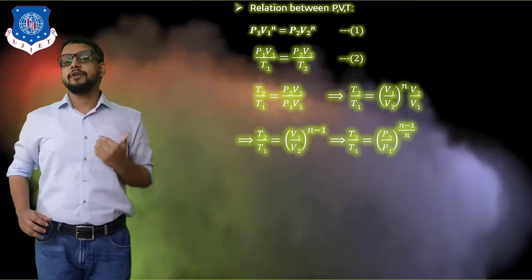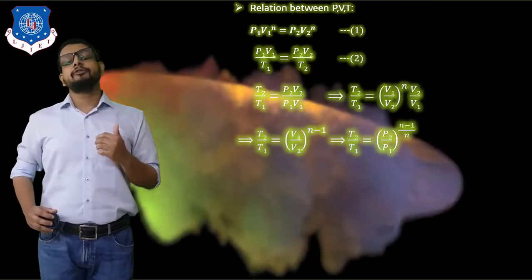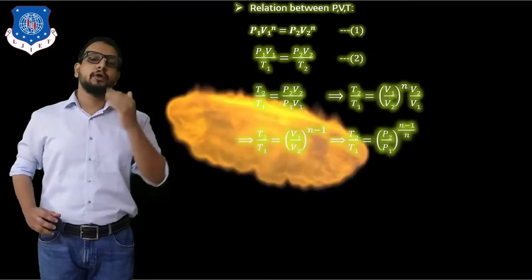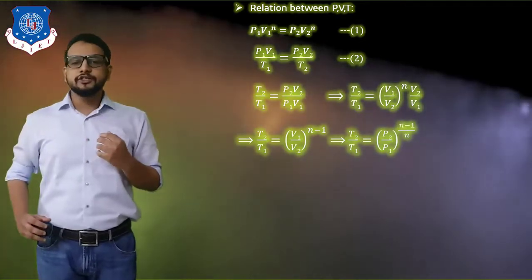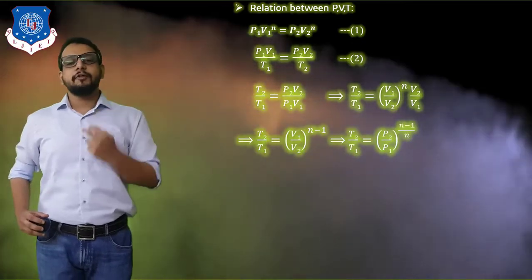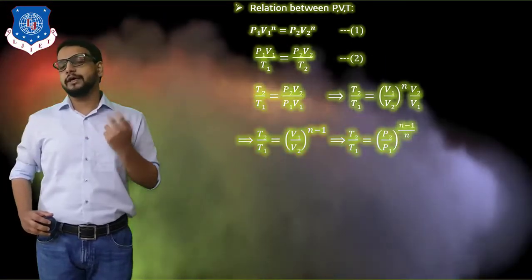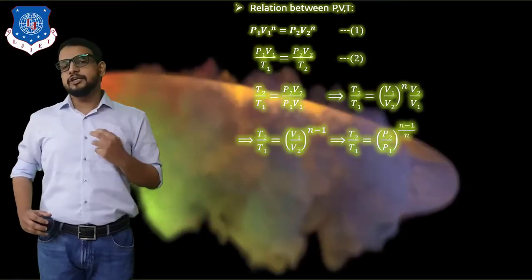Observe carefully, we can write that P2 by P1 is equal to V1 by V2 raised to n. So I have written V1 by V2 raised to n into V2 by V1. Further we arrange this volume ratio in the form of V1 by V2. So in the next step, T2 by T1 is equal to V1 by V2 raised to n minus 1.